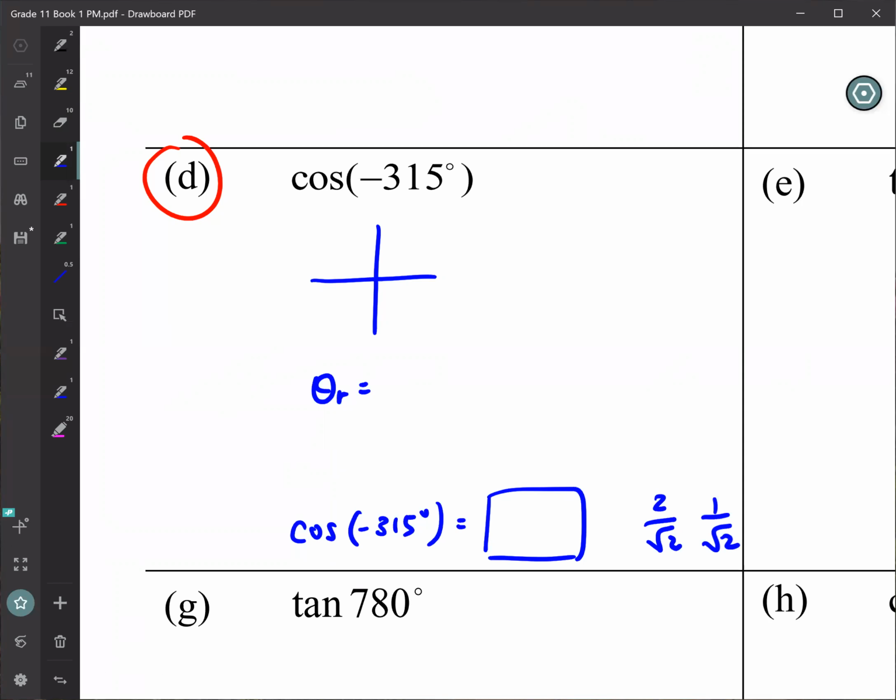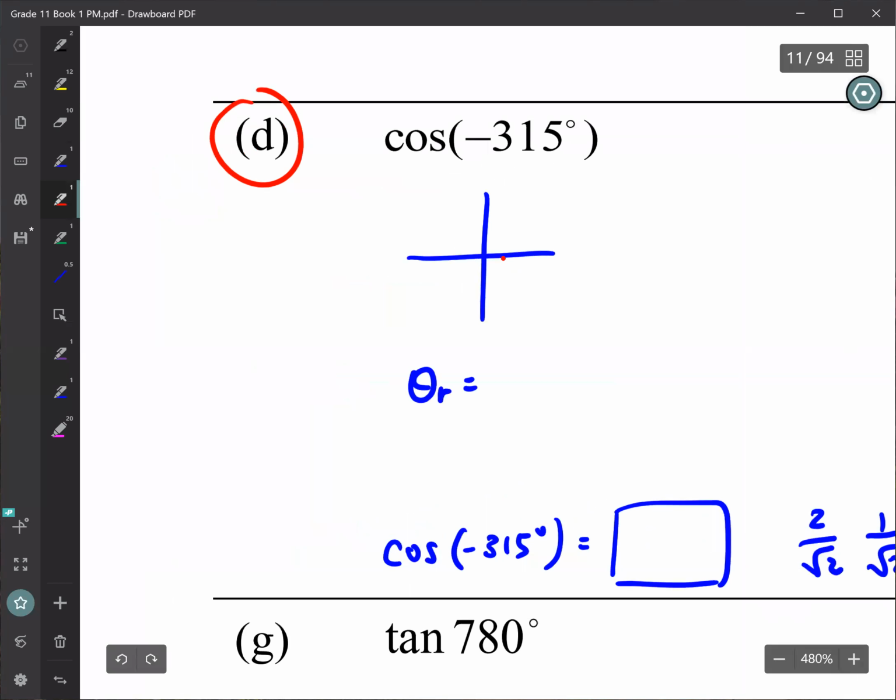Okay, let's go over the steps. Negative 315, so you have to turn clockwise. It will stop in quadrant 1. Negative 315 will be there. And then you make the reference angle.